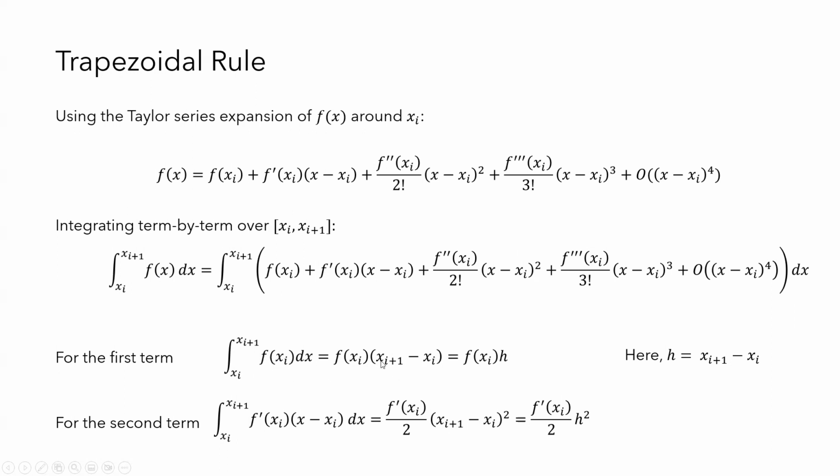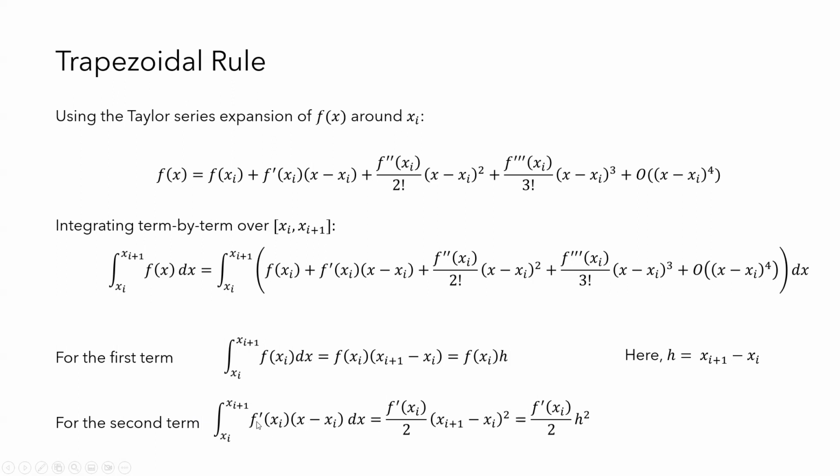Therefore, the integral will be x, and since this is a definite integral, we get xi plus 1 minus xi. And xi plus 1 minus xi is equal to the step size. That is the difference between two consecutive x values, h, and we get f of xi times h. And this is the result for the integral of the first term.